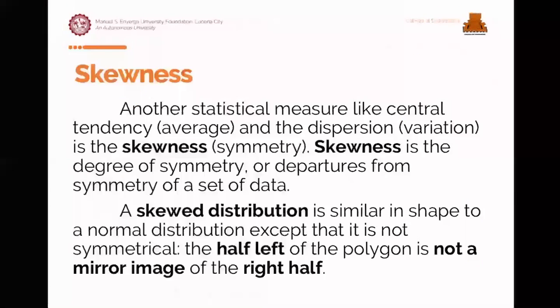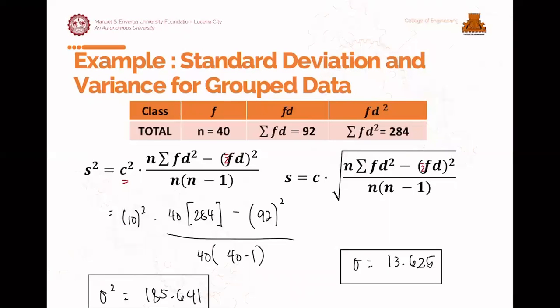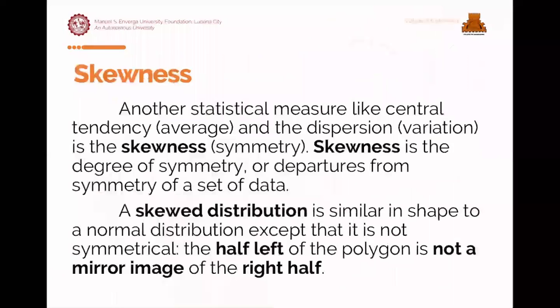So, if we are okay with standard deviation and variance, our measures of variability, we will now go to skewness, no? So, what is skewness? It is another statistical measure, aside from dispersion and central tendency. It measures the degree of symmetry, or the departure from symmetry, of a set of data, no?